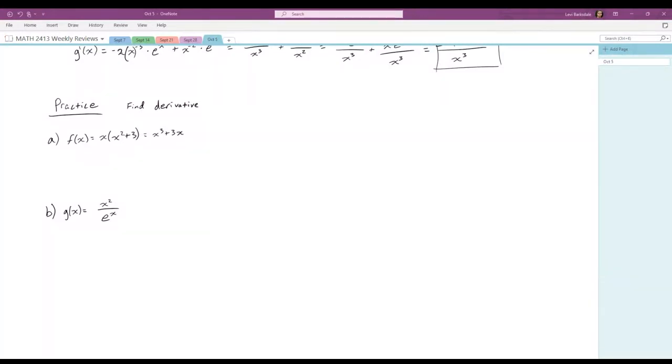For the first one, we aren't dividing, it's multiplication, so we'd want to use the product rule.